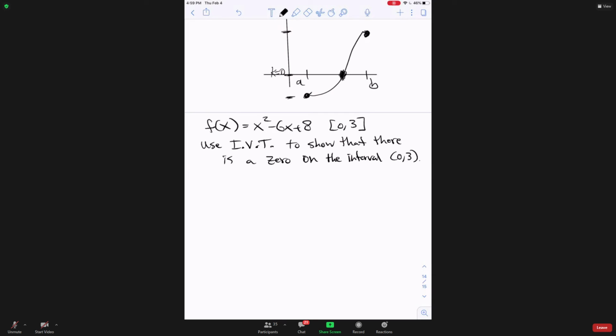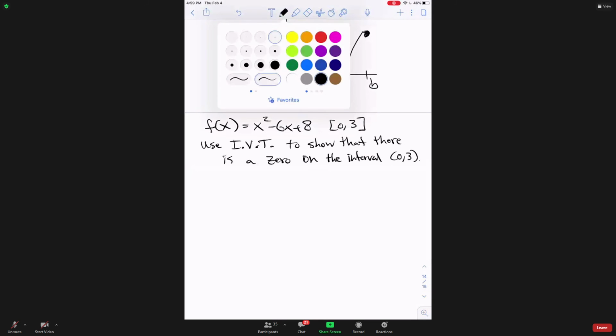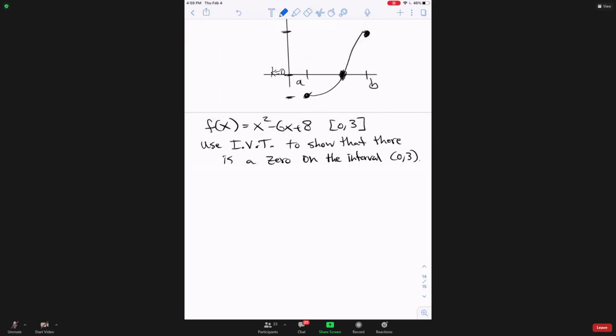So to do this, we have to first establish that the intermediate value theorem can be applied. So I'll write the answer in blue. Since f of x is a polynomial, it is continuous. What's f of 0? That's 0 squared minus 6 times 0 plus 8. Let me make it a little better here.